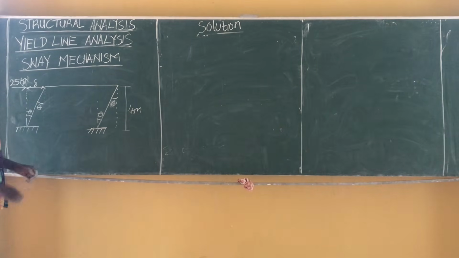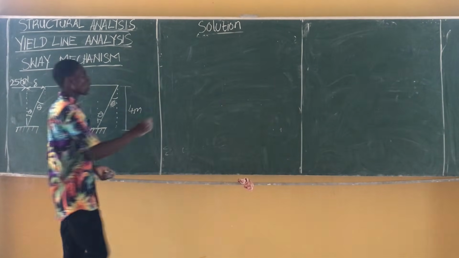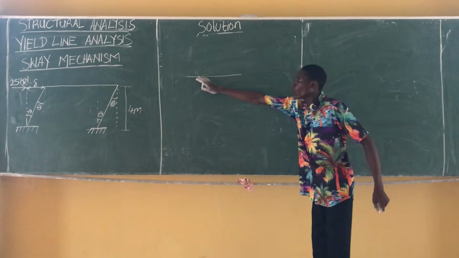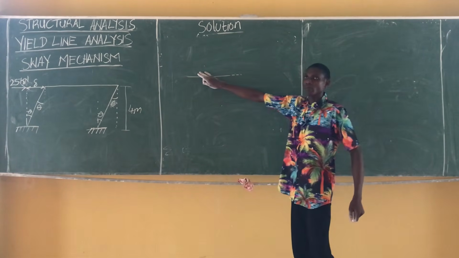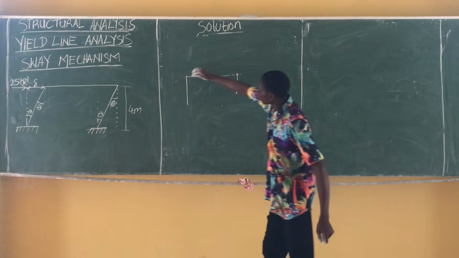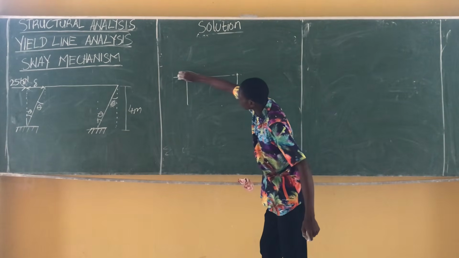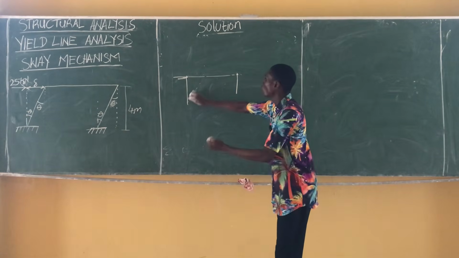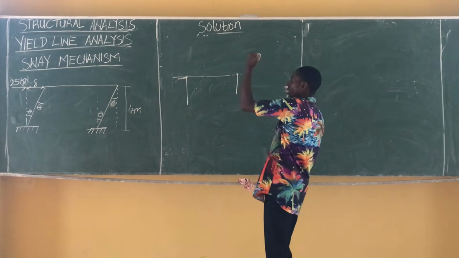Now, when we were considering our beam mechanism, our focus was the failure occurring on the beam. Now we have this structure. If a load is applied at this point, what will happen? The structure will tend to move in this direction. It will tend to sway, right?